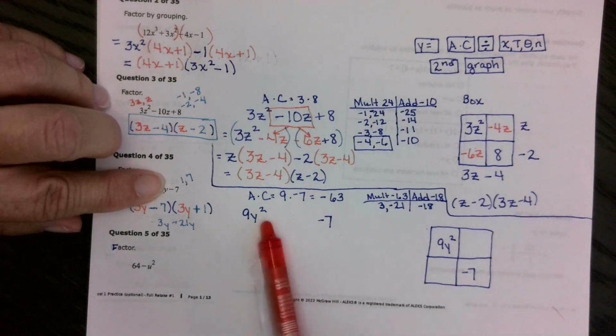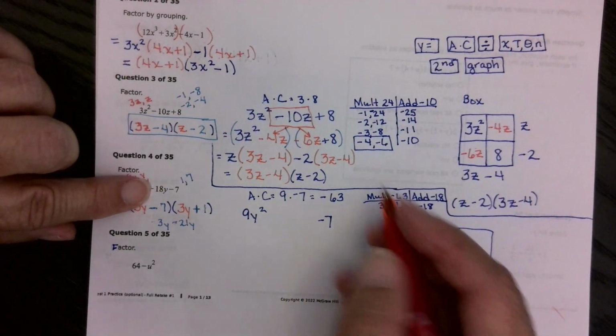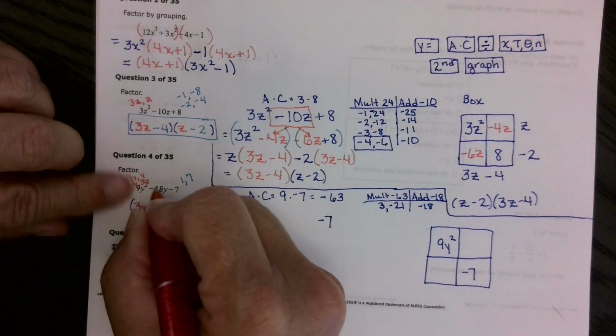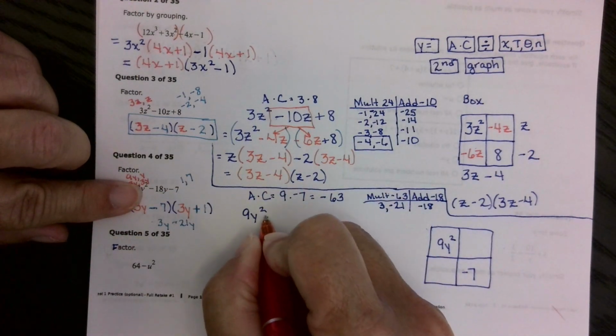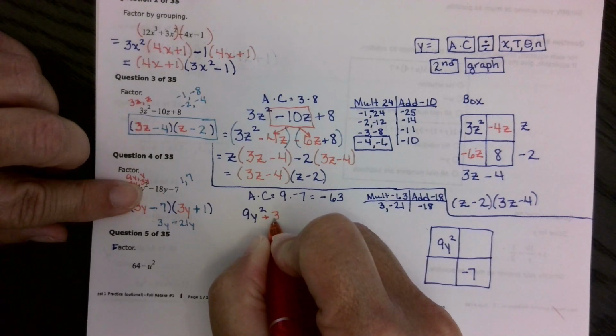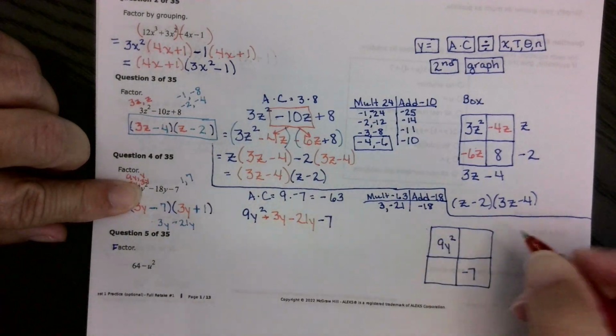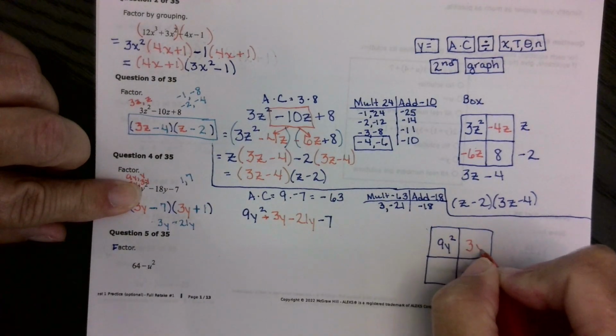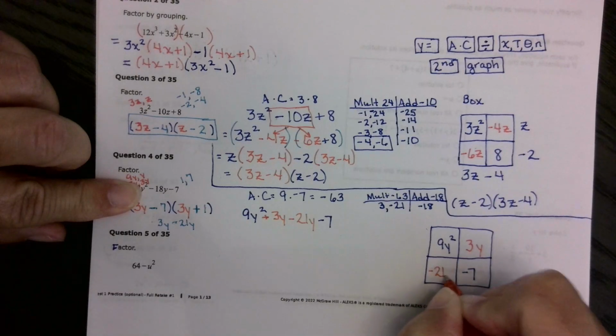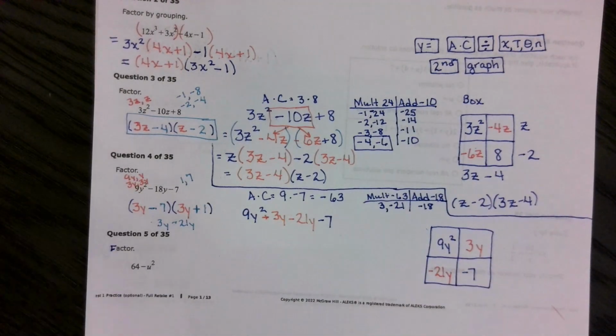Now, for these middle terms, I'm replacing them with positive 3y and negative 21y. Same thing over here, 3y, negative 21y. And again, it doesn't have to be in that order. It can be the other way around. Doesn't really matter.